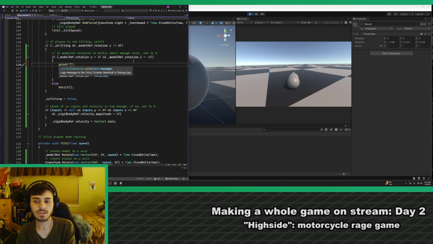Another but print model ref rotation z has resets 0.